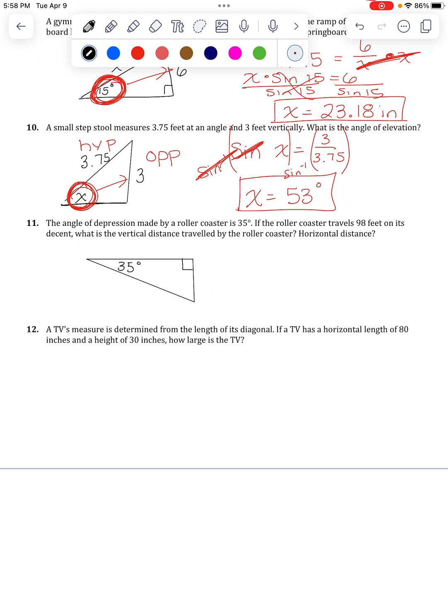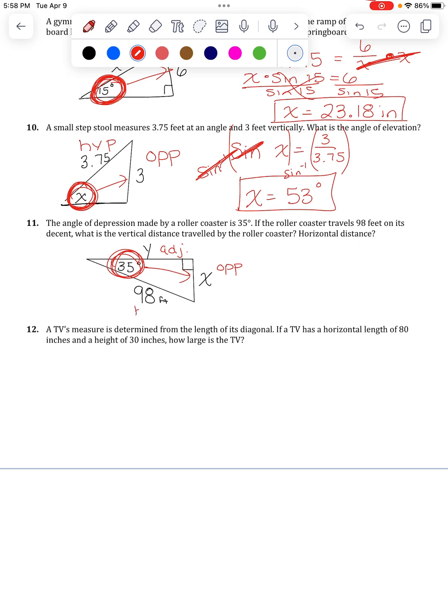If the roller coaster travels 98 feet on its descent, now when roller coasters descend, they don't go straight down generally, they go at the angle. That's the 98 feet. What is the vertical distance? That's this, traveled by the roller coaster. Horizontal distance, hey, this wants you to solve for both.